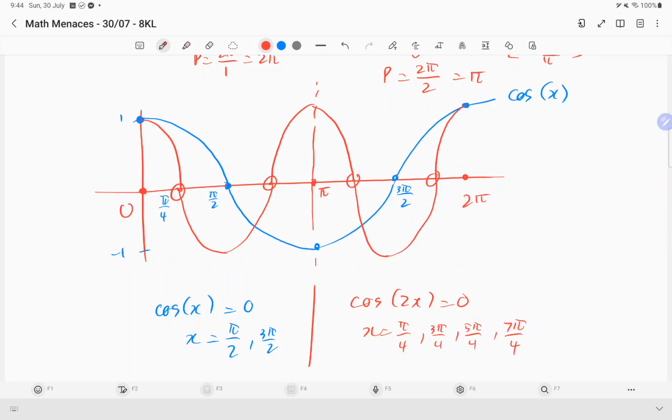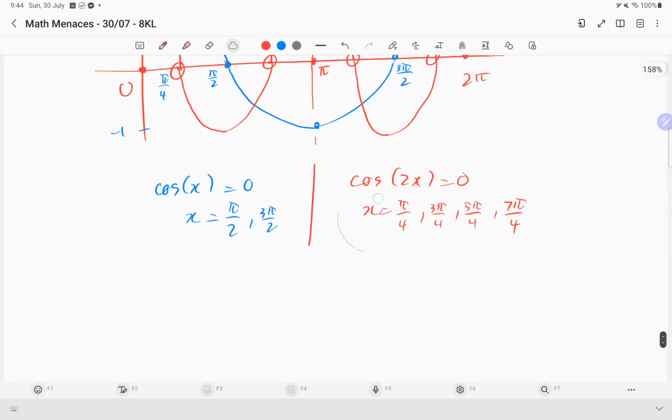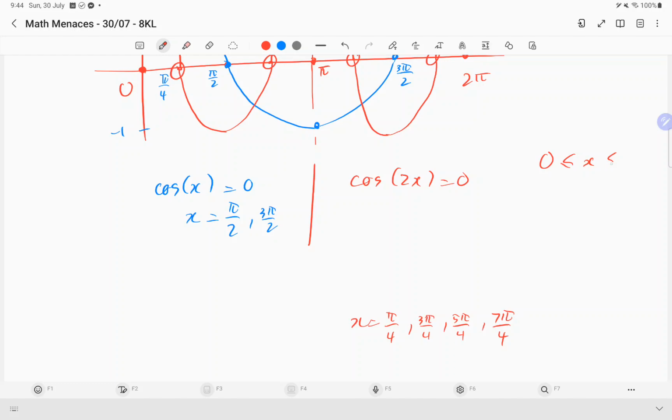But you see, to solve this one, you need to draw a graph and then read off the answers. The easier way is to use the technique I said earlier, which is to change up the domain. The domain for x is between 0 and 2 pi. I'll write this in blue.